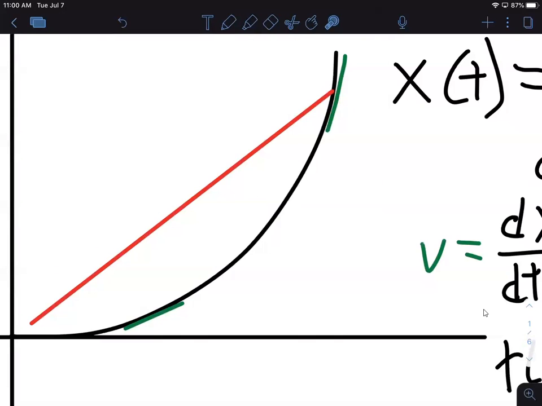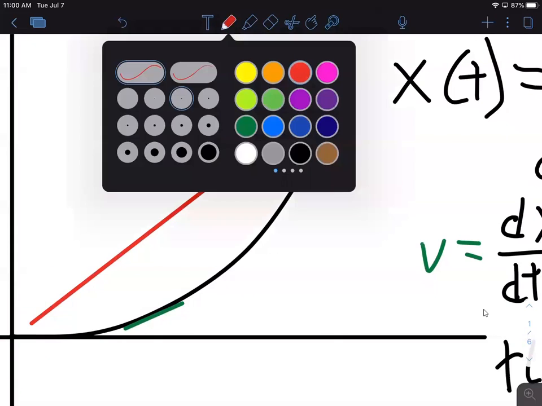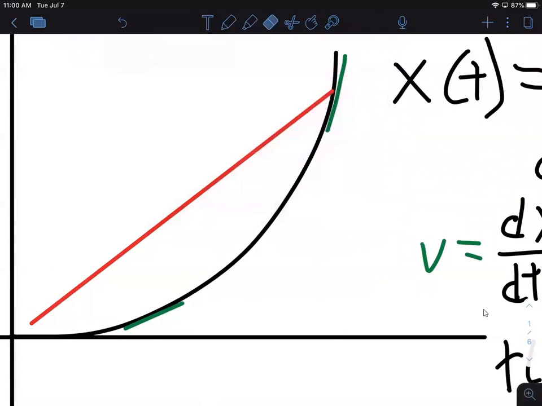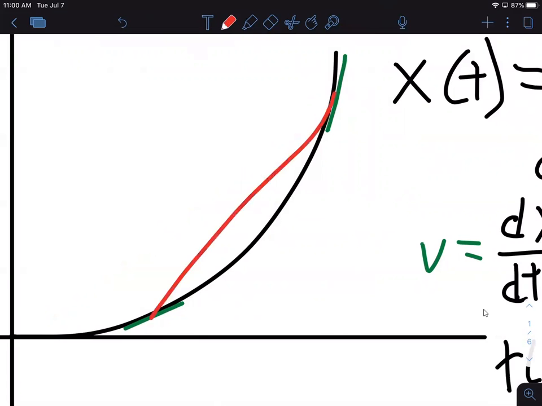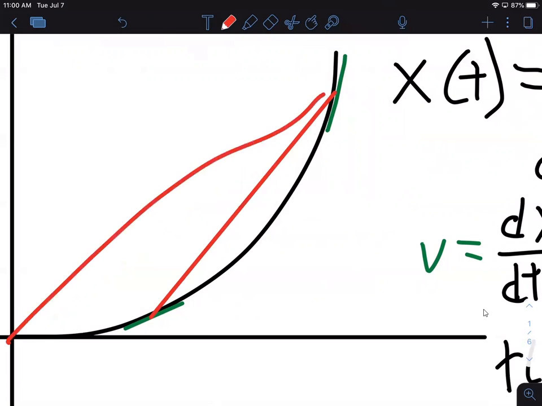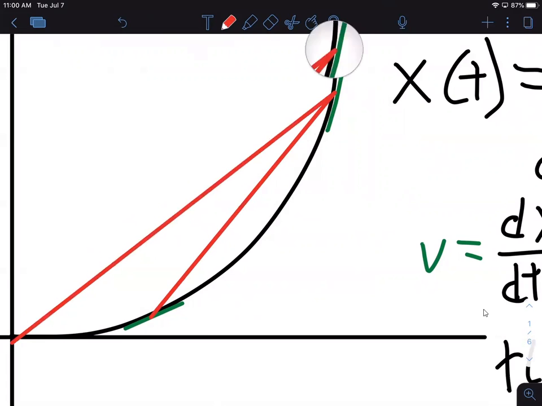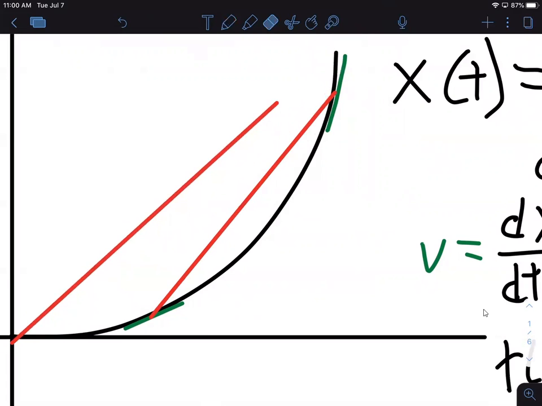And the way we can do that is we can think, well, all right, these two points were really far away from each other, and that gave me a very different slope than at this point. What if instead, I picked two points that were closer together, this point and this point? Well, that's a little bit better. We've gotten a little bit closer to the actual slope at either of those two points, but it's still not very good.